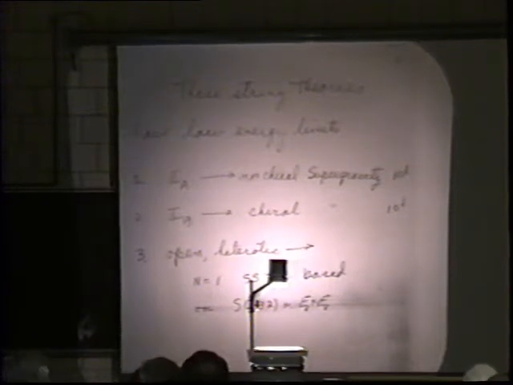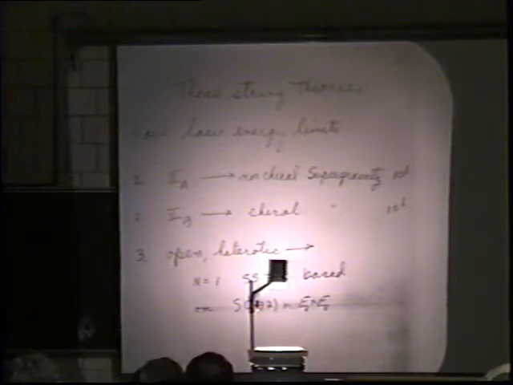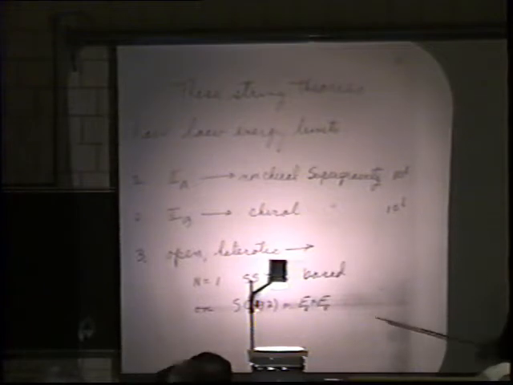In the type 2A, you get non-chiral supergravity, Peter, one of the discoverers of supergravity. In type 2B, you get chiral supergravity in 10 dimensions. For all the other cases, you get supersymmetric Yang-Mills based on either SO(32) or E8 cross E8.